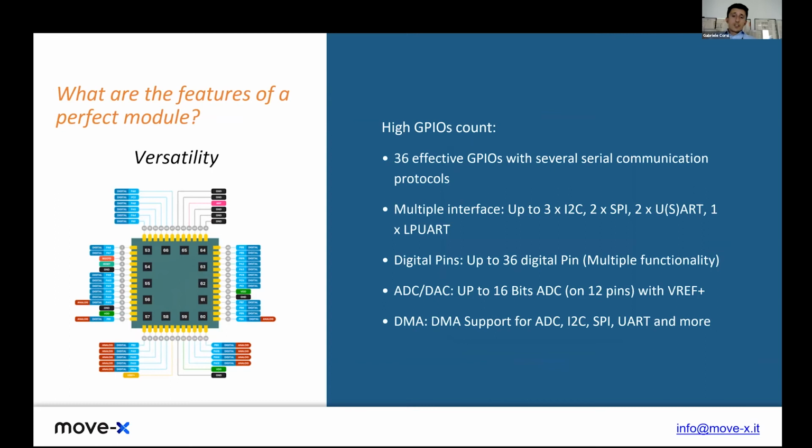Everything comes with a high GPIO count and a bunch of serial communications. So you have 36 effective GPIOs. You have I2Cs, you have SPIs, you have UART, you have timers, of course, you have ADC, DACs, you have everything.